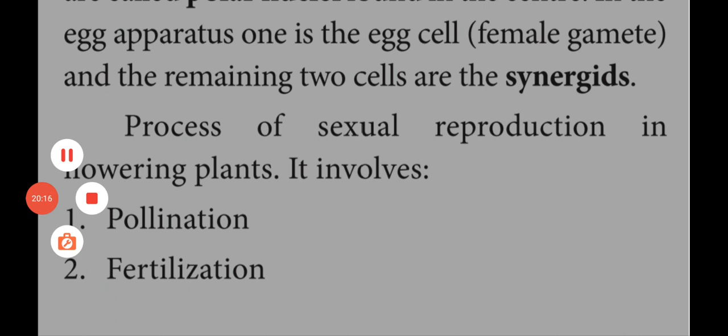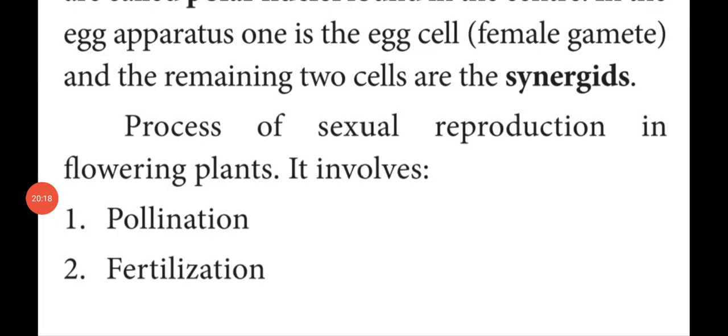Dear students, pollination and fertilization are important processes. Pollination means transfer of pollen grains from the anther to the stigma of a gynoecium. This is divided into two types, self-pollination and cross-pollination, which also show different mechanisms.